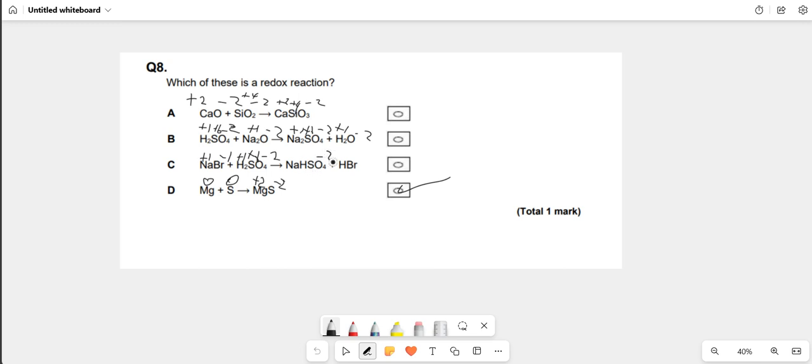So -2 here is -8. Sodium has to be +1. H here has to be +1 because it's not on its own with the metal here. And then S has to be +6 here. +6 +1 +1 is +8, and then that's -8 here. HBr has to be obviously +1, -1. So again, nothing changed here. So it has to be D.